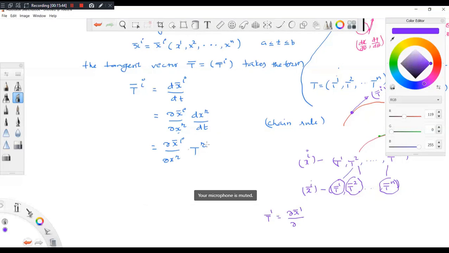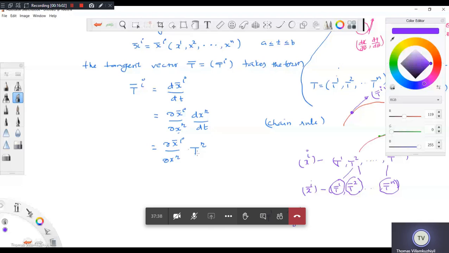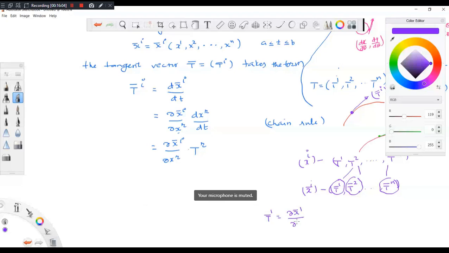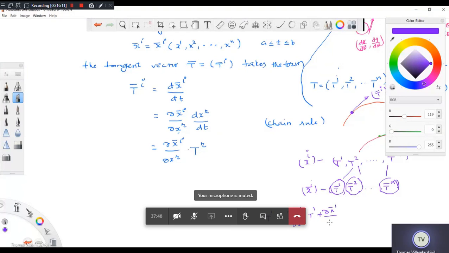See, this r is repeated here and also here, so it is a summation. A superscript or suffix which repeats once here and here means that there is a summation involved. That is called Einstein's summation convention. Accordingly, this is del x bar 1 by del x1 times t1, plus del x bar 1 by del x2 times t2, plus etc., plus del x bar 1 by del xn times tn.